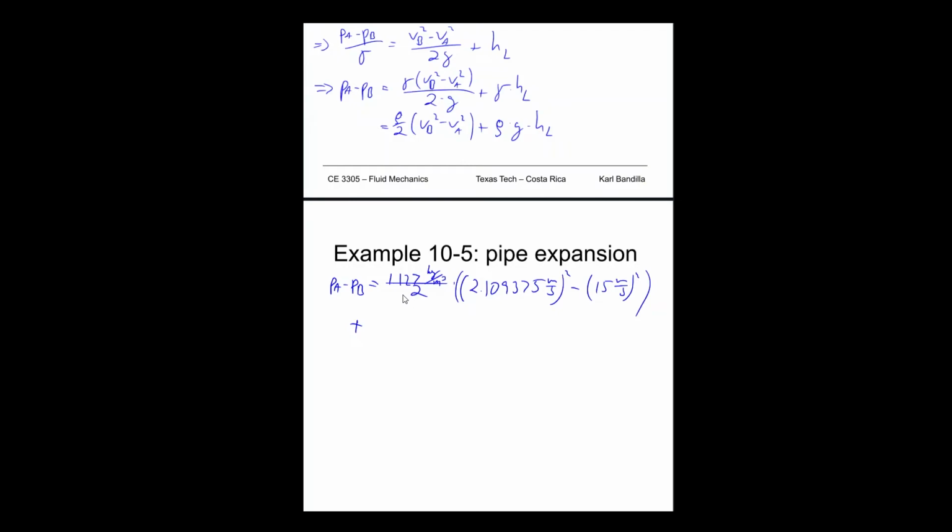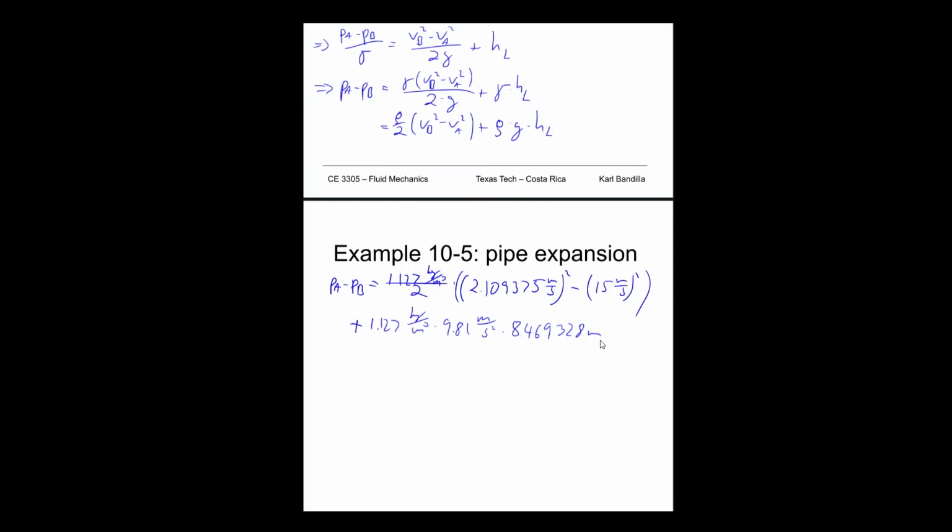Plus our rho, 1.127 kilograms per cubic meter, times 9.81 meters per second squared, times our HL, which was 8.469328 meters. Now I need to do the math real quick because I had a wrong sign in there.